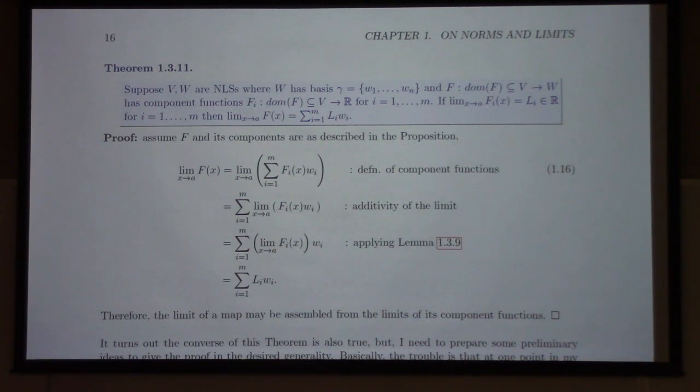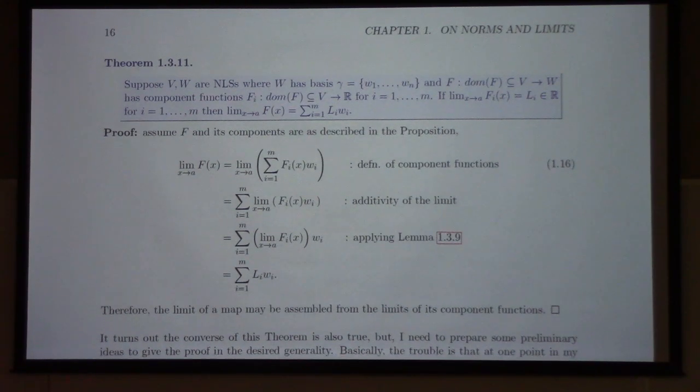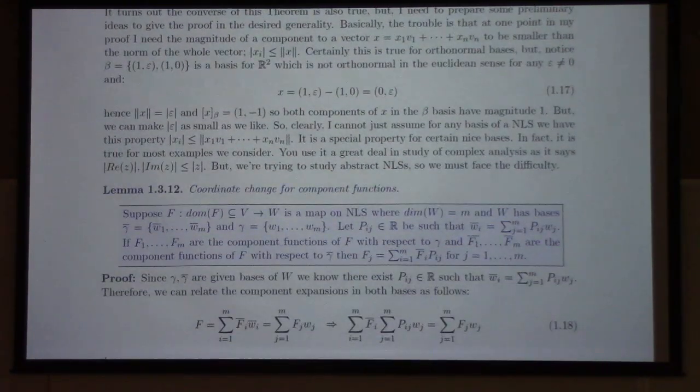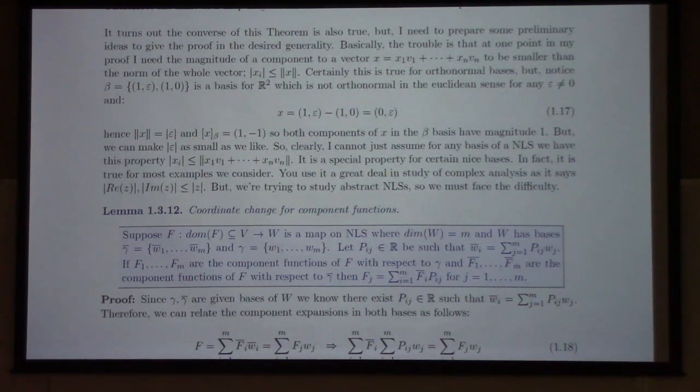And so this is what allows us to do, for example, once we talk about differentiation, this theorem actually is why it makes sense to just define derivatives of paths component-wise. Like the limit of a path is the vector of the limits of the components of the path. Well, I'm not quite done here yet, but the converse direction turns out to be a little bit trickier. So let me get to that.